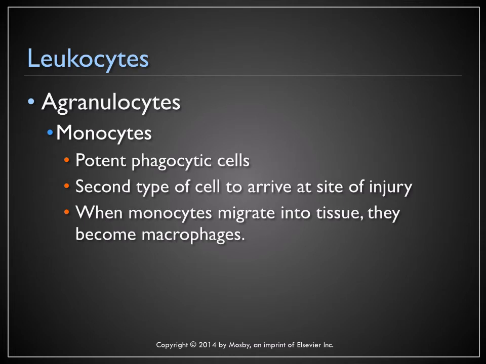Monocytes are also very important phagocytic cells, and they are the second type of cell to arrive at the site of injury. So when somebody has an injury, first you will see neutrophils, which are a lot, and then the second to arrive will be the monocytes. When monocytes come into the tissue, they become macrophages.